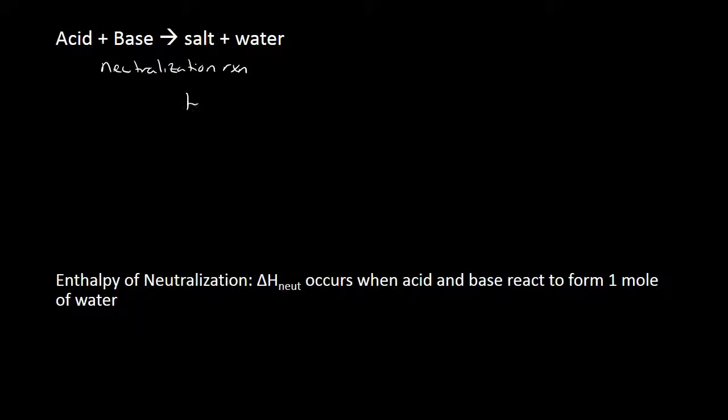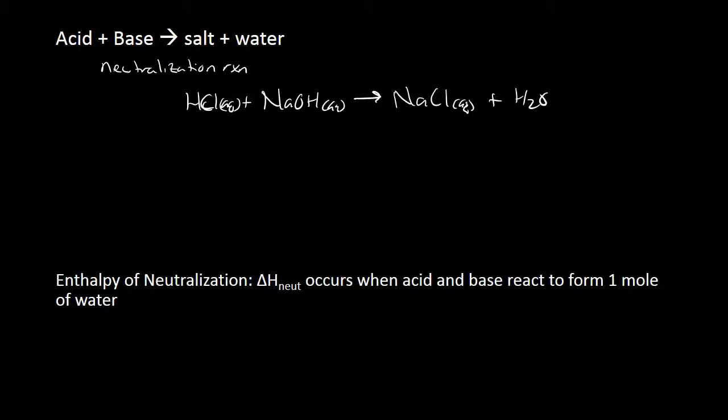So if we have HCl, and it's aqueous, and we react it with sodium hydroxide, and that also is aqueous, we're going to produce a salt, sodium chloride, and that's aqueous, and water. Now I'm going to show you why we call this a neutralization reaction and what we consider a traditional reaction.